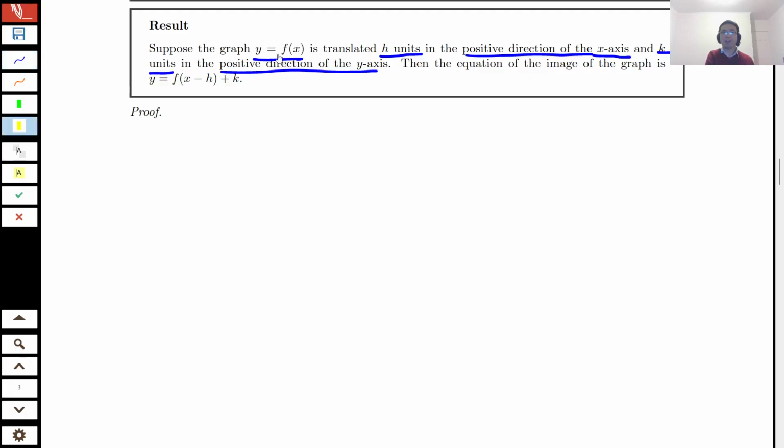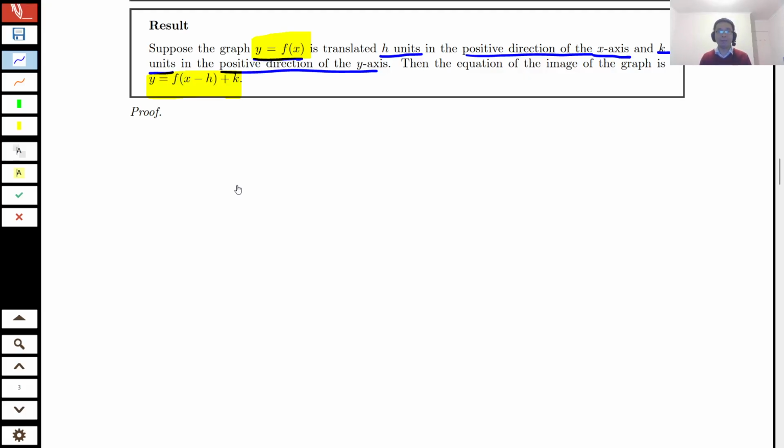My claim is if I start with y equals f of x, then the image after this is y equals f of x minus h plus k. You have used this result for almost 2 years in your work on parabolas. For example, turning point form is x minus h squared plus k, and you can include an a term out the front if you want.